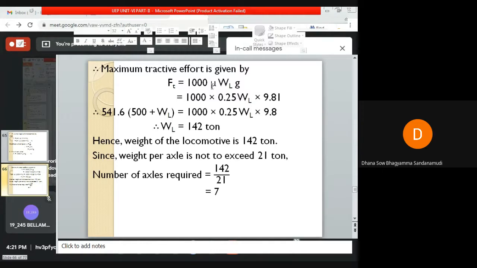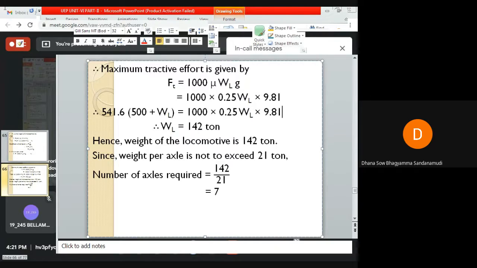Mu is 0.25, and G is 9.81. By mistake I told 98.1 for G earlier; G is 9.81. So you just substitute Ft here: 541.6 into 500 plus WL equal to 1000 into 0.25 into WL into 9.81.